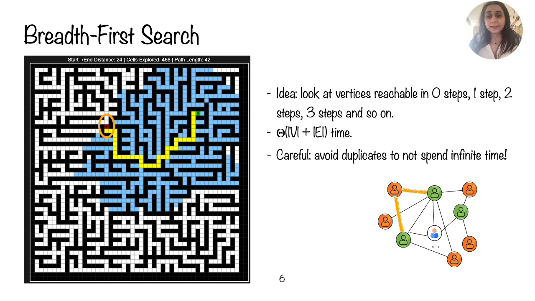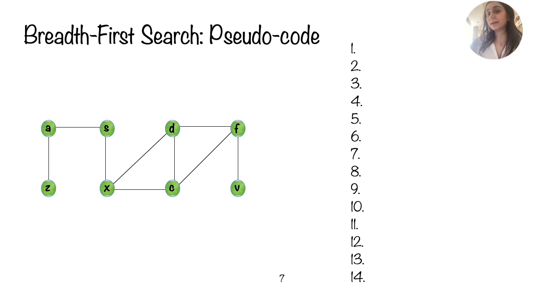So now we're ready to look at the pseudocode of the breadth first search algorithm. Okay, what does it do? It takes as input a starting position, S, a starting vertex, and then it takes also neighbors.